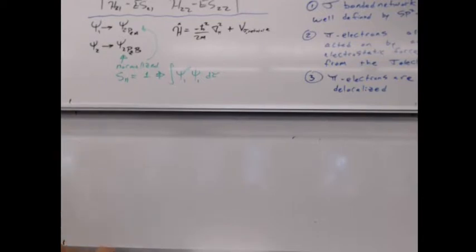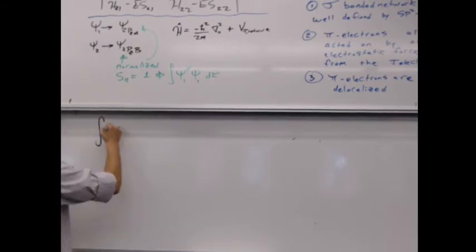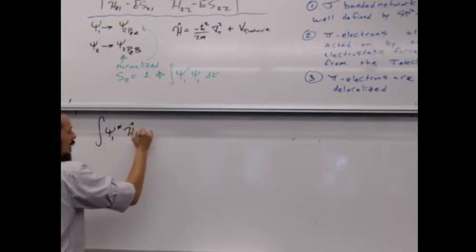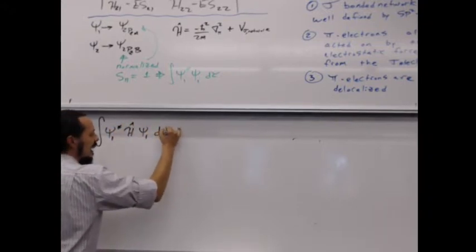There's a couple other things that we get. Let's see here. Other thing we get is we're going to define an integral: the integral of psi1 star Hamiltonian psi1 d tau.